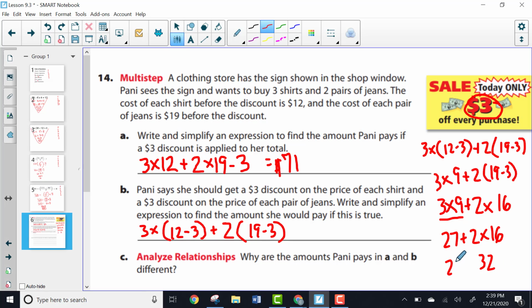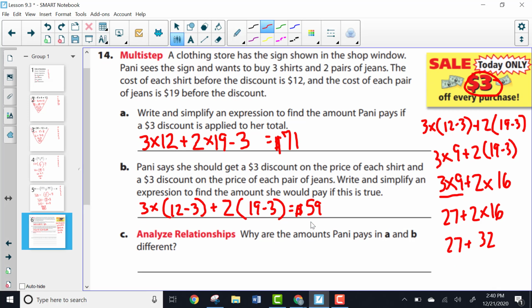And then we have $27 for the 3 shirts and $32 for the pair of jeans. And that's going to give us a total of, we can see, $59. Okay, you can see it's a $12 difference between the 2 prices.